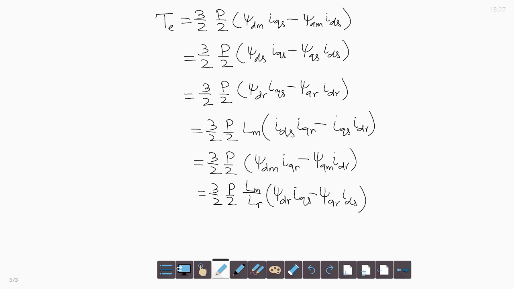So, these are several expressions for the torque obtained on the same principle, using different variables.